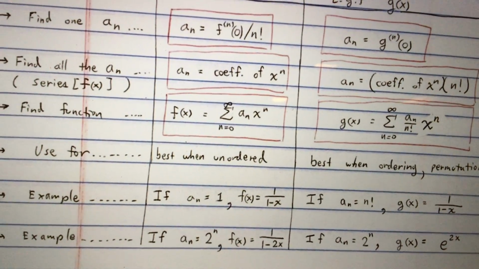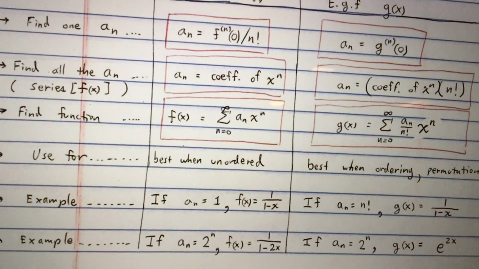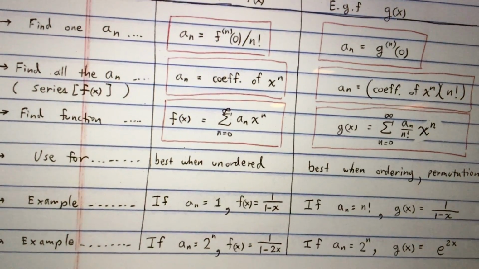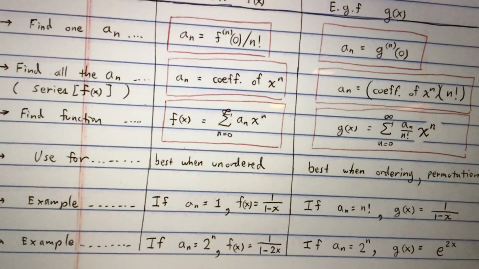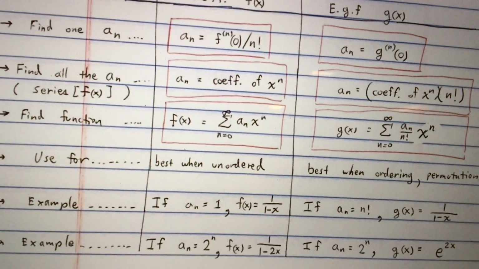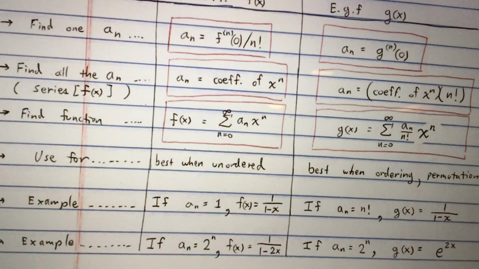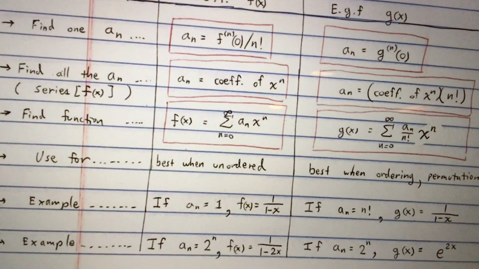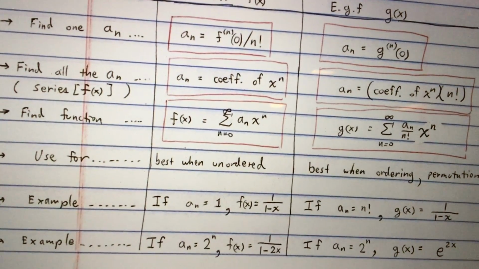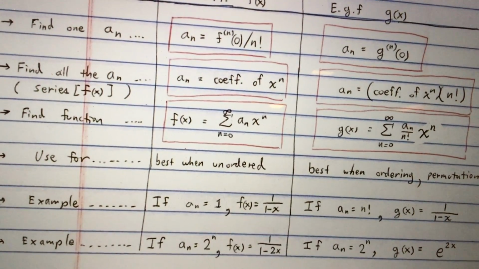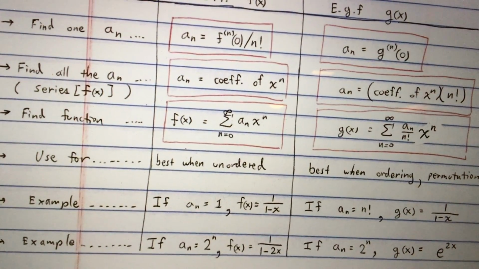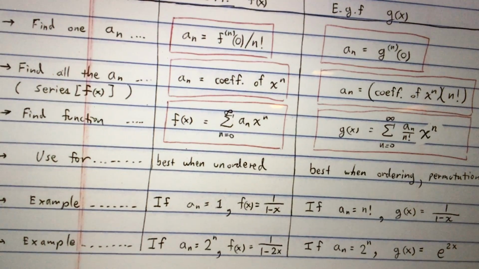So it's very interesting. What it tells you is that the Maclaurin series for 1 over 1 minus 2x and e to the 2x are closely related. The only difference is that the coefficients of e to the 2x are found by taking the coefficients of 1 over 1 minus 2x and dividing each of them by n factorial.